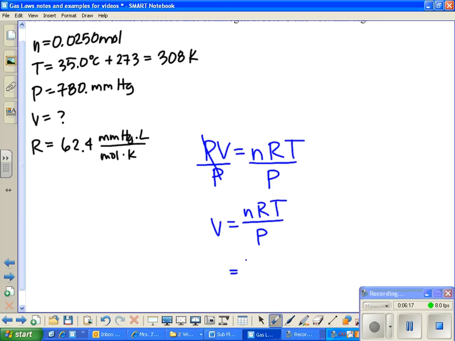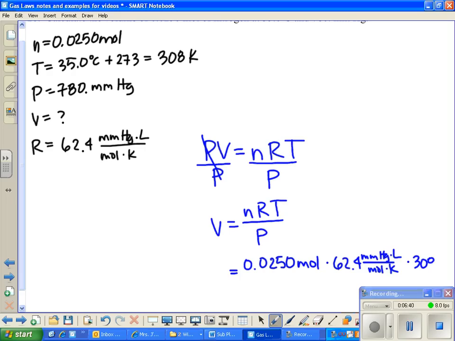So 0.0250 moles times 62.4 millimeters of mercury times liters over moles times Kelvin times 308 Kelvin.